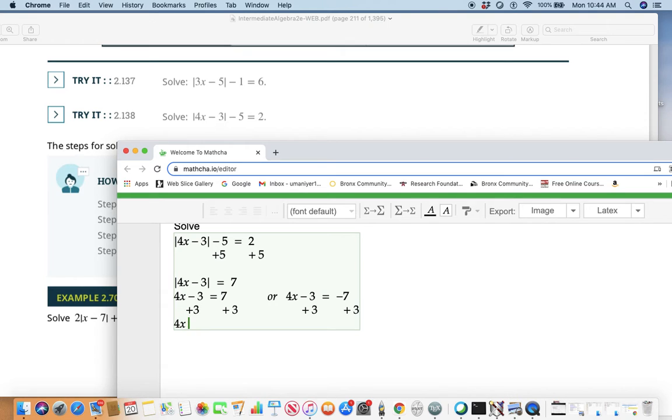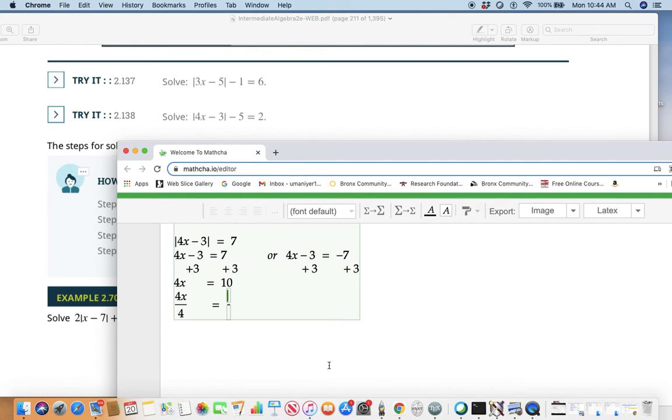You are left with 4x equals 7 plus 3 is 10. Divide by 4. x equals, this reduces, mind you. So it is a fraction. 2 goes in both, 5 over 2.